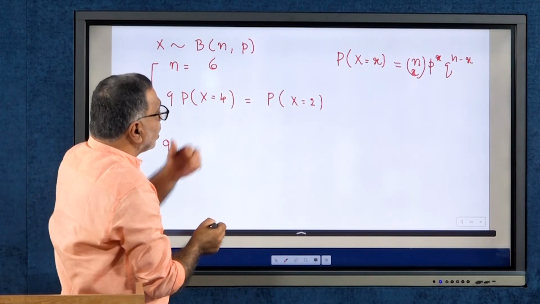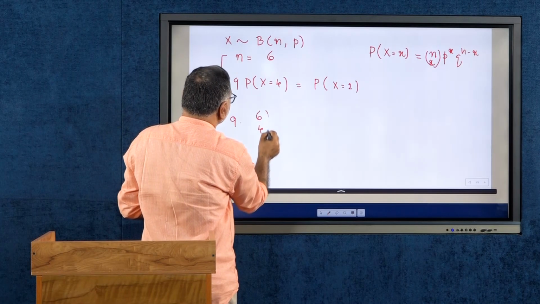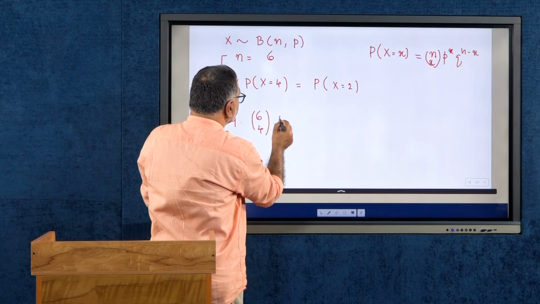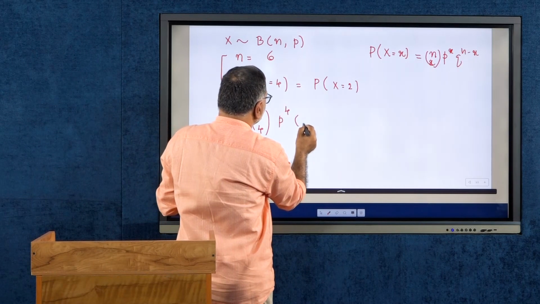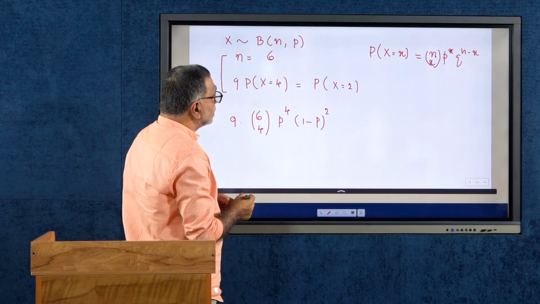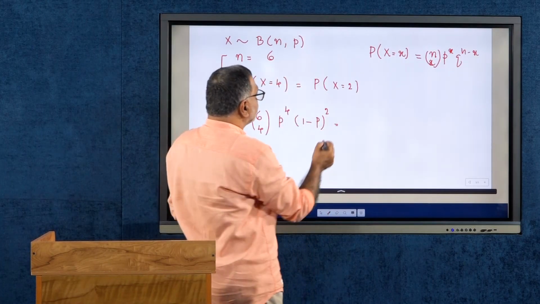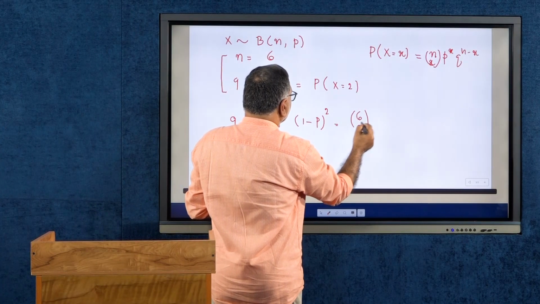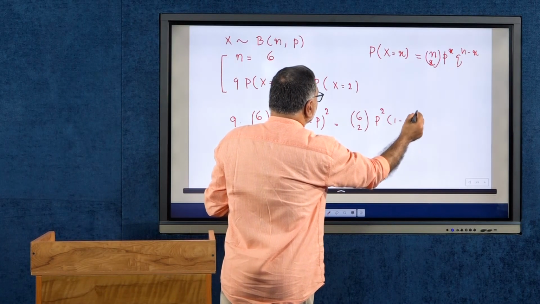And using that value, here it is n is equal to 6C4, p power x, p is unknown to you. So, p power 4 and q is 1 minus p, power n minus x, n minus x is 6 minus 4, is equal to probability of x is equal to 2, that is 6C2 p square 1 minus p all power 4.